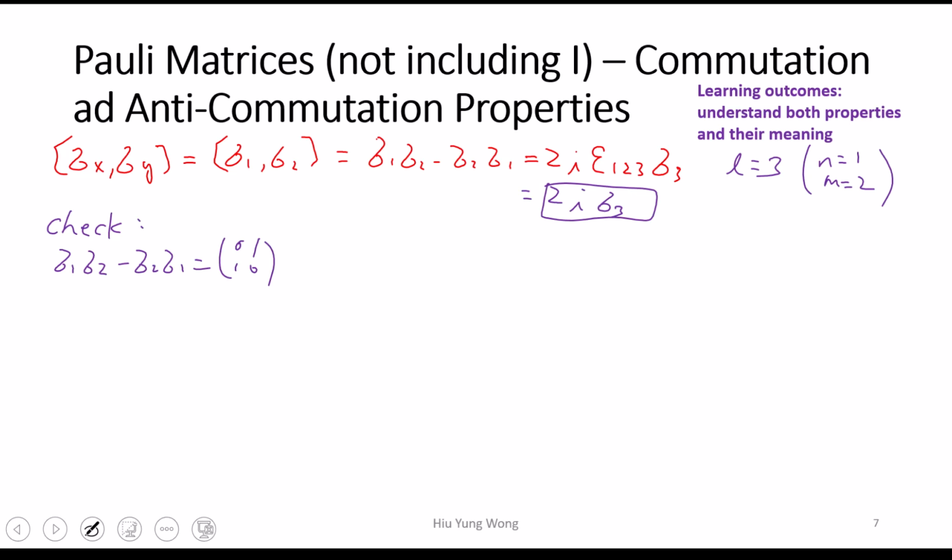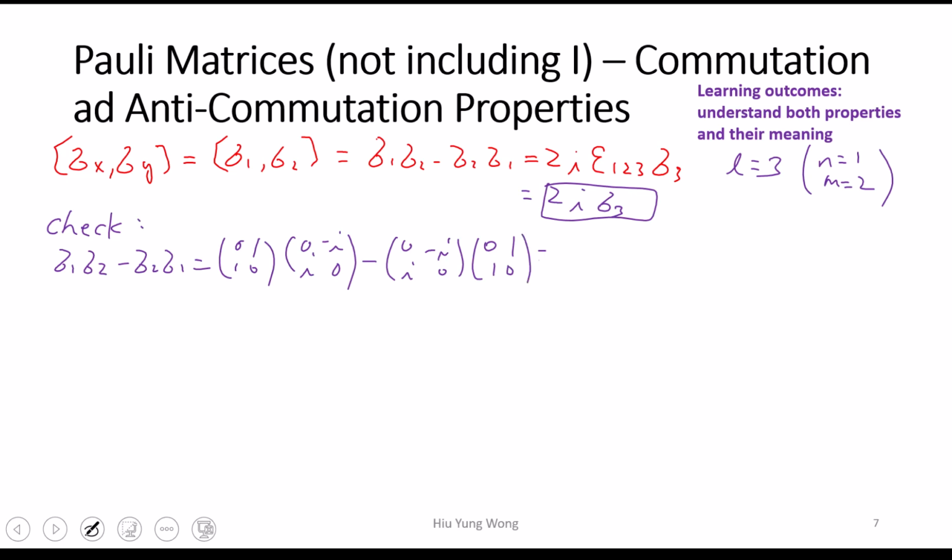What is sigma 2? Anyone can memorize? 0, minus i, i, 0. Very good. And then we do the subtraction. You see, they are not necessarily the same, because now it's 0, minus i, i, 0 times 0, 1, 1, 0.